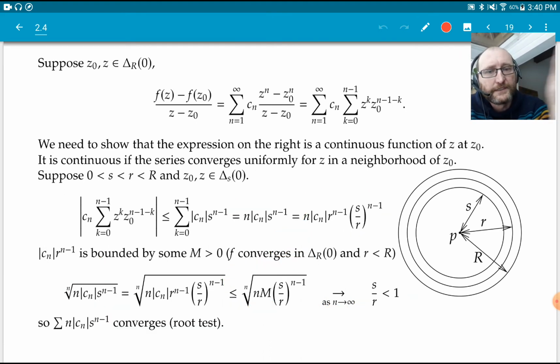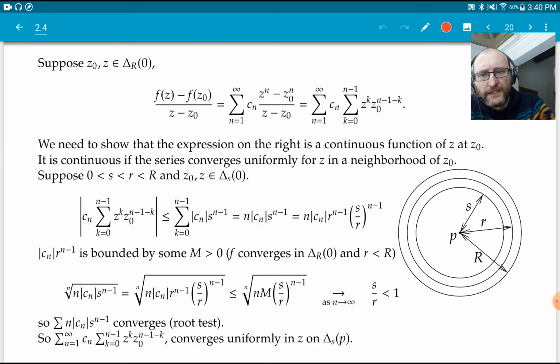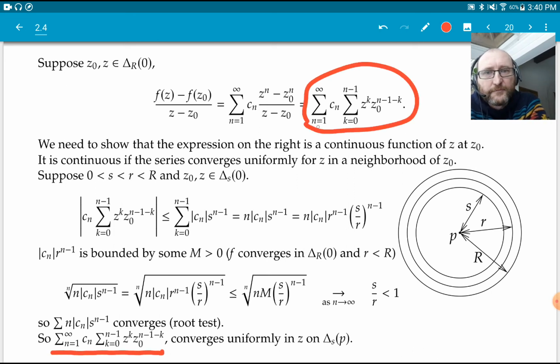All right. So that means that this series converges by the root test. And that means that this guy over here converges uniformly in z on this S disk, right?